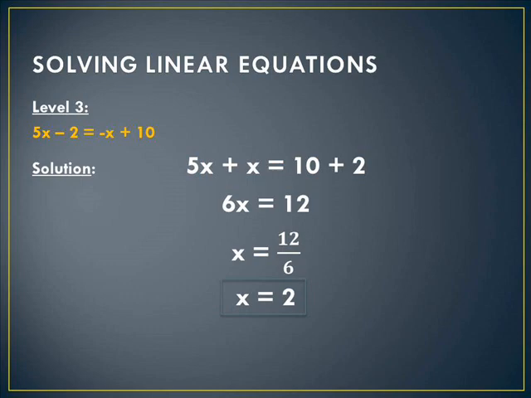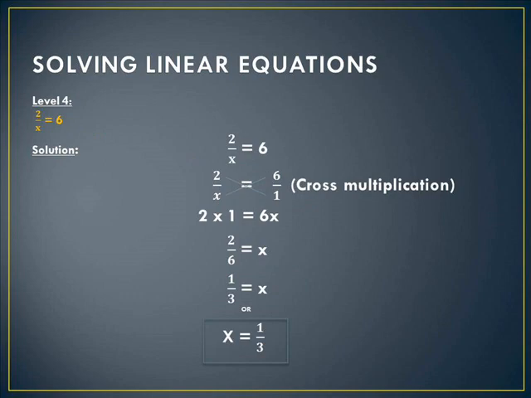So we can write the equation as 6x is equal to 12. As 6 is being multiplied by x when transposed to the other side, it will be divided over there and we have x is equal to 12 over 6. Well, 12 by 6 is 2, so the final value of x is 2.